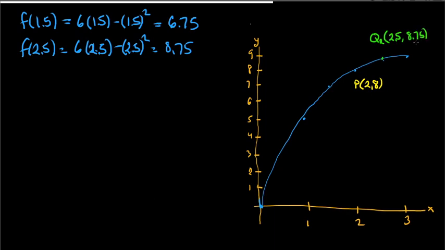So that's this green point right here. And then the red point right here is point Q1. Or why don't I just use A and B, right? So this is point A, and then the green one will be point B. All right, so we have our 3 points now. This is (1.5, 6.75).